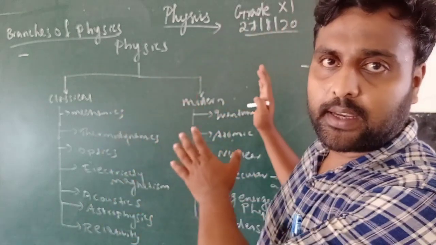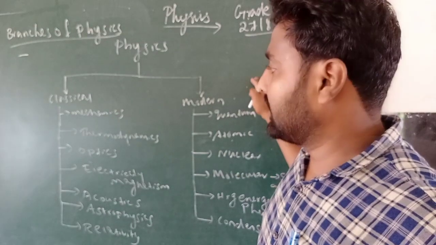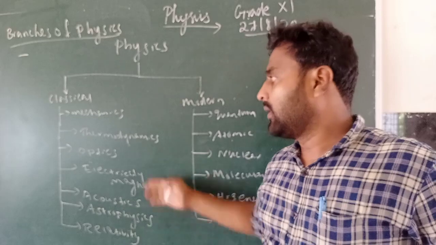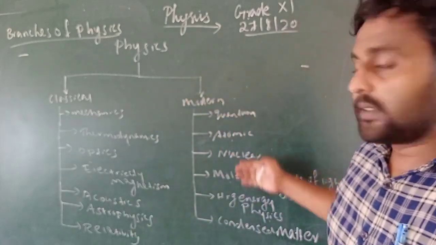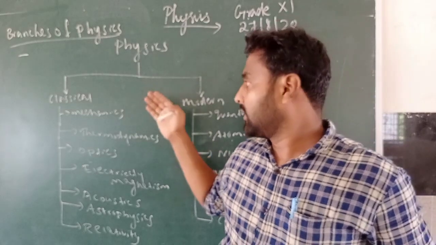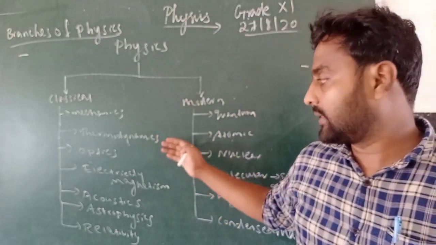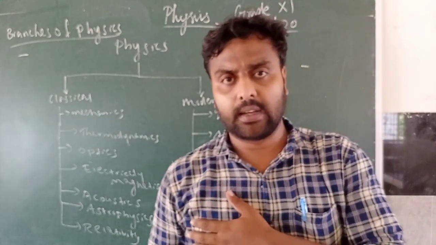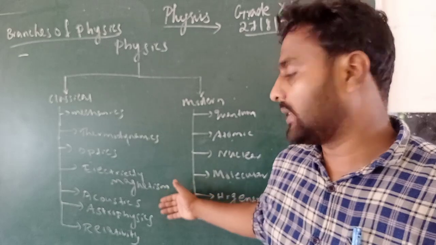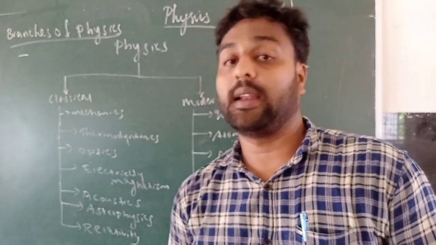So physics can be classified into two, classical physics and modern physics, and each has some branches. In classical physics: classical mechanics, thermodynamics, optics, electricity and magnetism, acoustics, astrophysics, and theory of relativity.